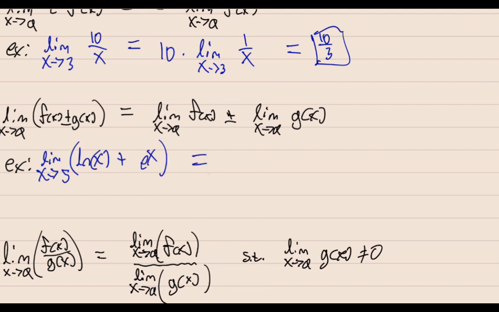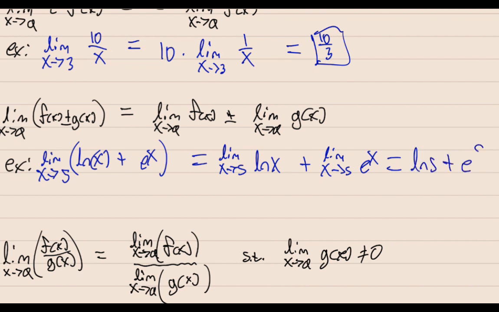All right, so this is one nested limit. Now we can just distribute this limit here. So we have the limit as x goes to 5 of ln x plus the limit as x goes to 5 of e to the x. And that's just equal to ln of 5 plus e to the 5. And this is valid. This is the answer.